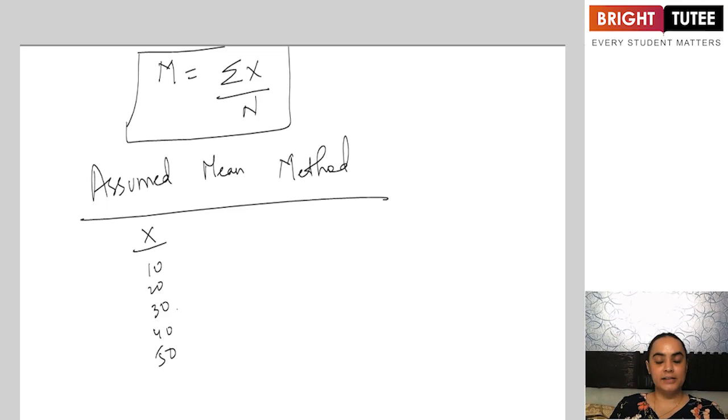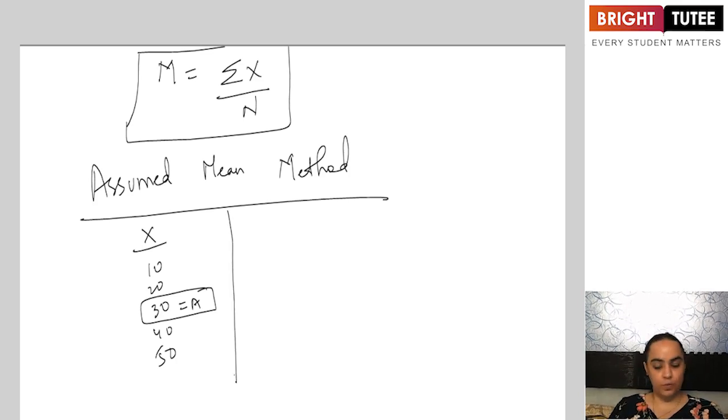I have to calculate the mean by the assumed mean method. So one number out of this x, I'll have to take as a. Let me take 30 as the assumed mean. It can be any number. You can take 10, 20, 30, 40, 50. We prefer to take the middle value, but it can be any number.